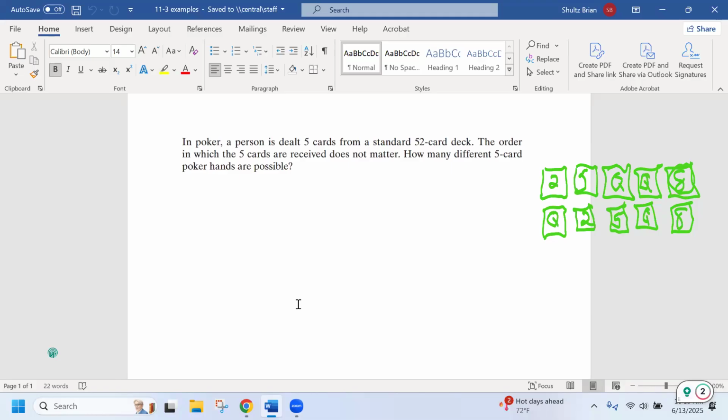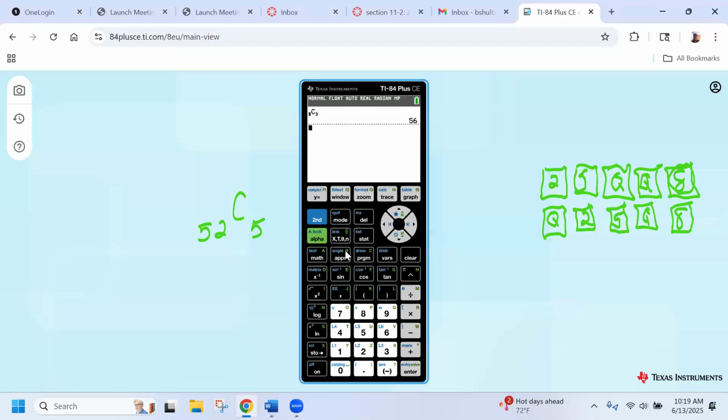So I've got 52 cards, and I'm going to choose 5 at a time. And again, I just go back to my calculator and go to the probability part. Number 3, combinations.